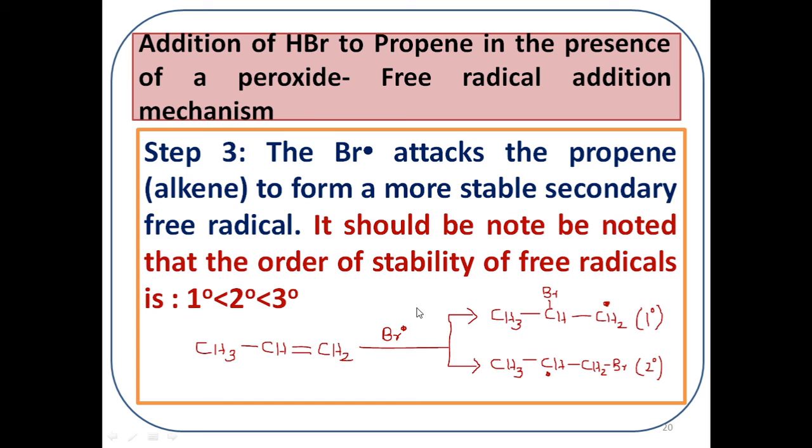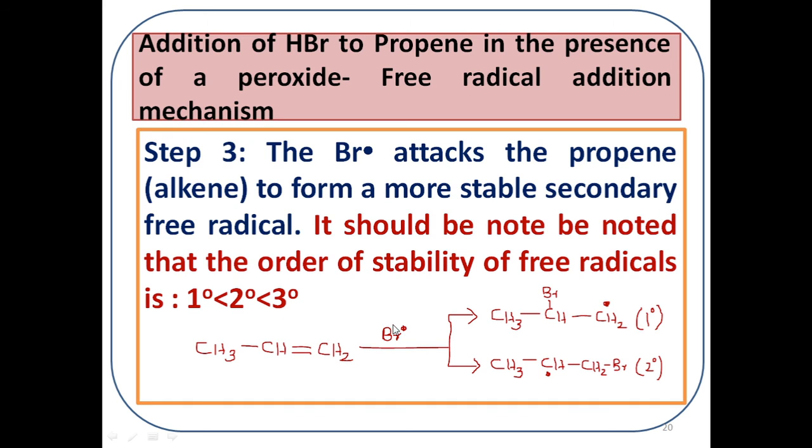The reason is that secondary free radicals are more stable than primary. It should be noted that in the order of stability of free radicals, primary is the least stable and tertiary is the most stable.